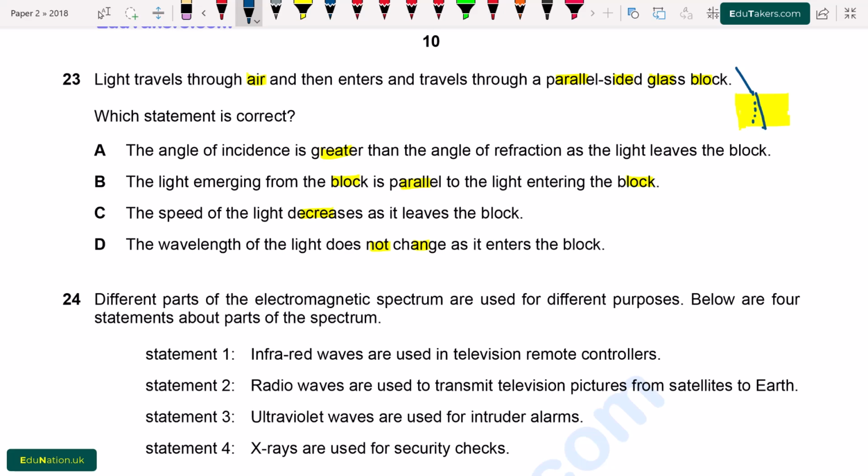But when it emerges out of this glass, it will be parallel to the incident light. From here we can see that option B is correct, that the light emerging from the block is parallel to the light entering the block. Options C and D are incorrect because in the glass the light slows down, not in the air. Also the wavelength changes. So only option B is correct.